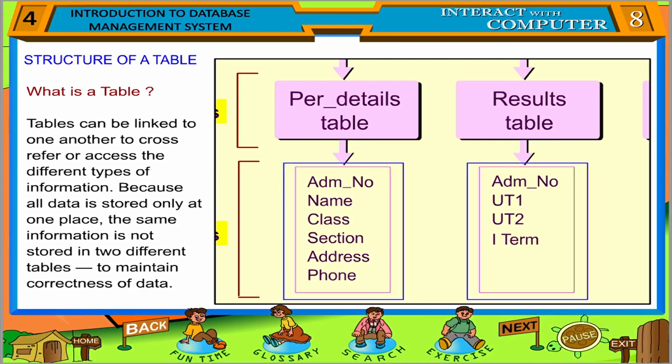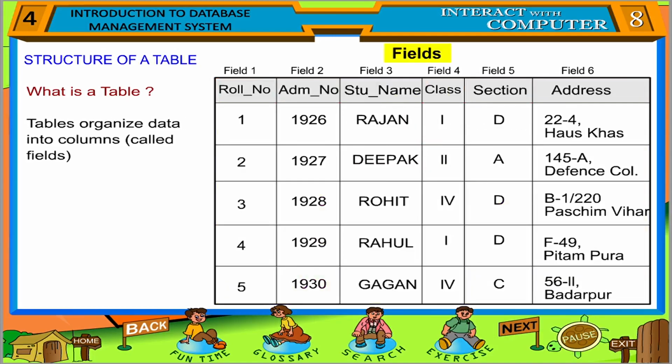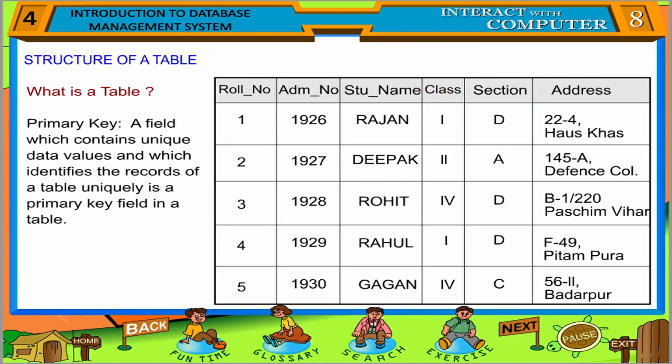Because all data is stored only in one place, the same information is not stored in two different tables, to maintain correctness of data. Tables organize data into columns called fields and rows called records.